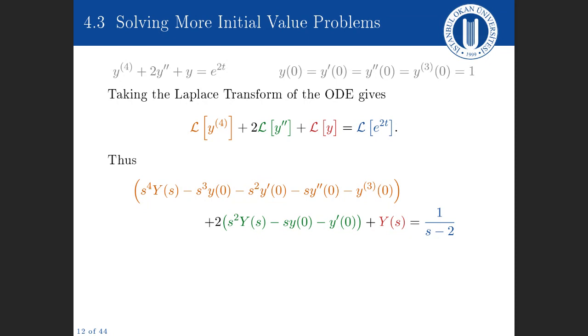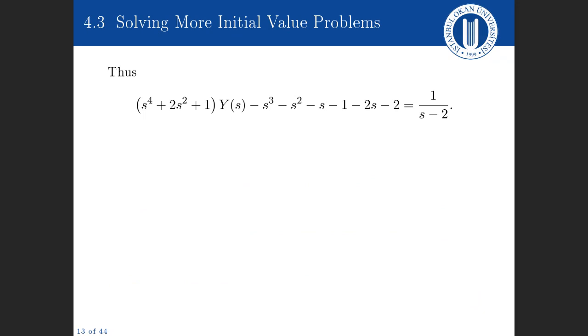Next, I want to use the initial conditions. All of the initial conditions are equal to 1. So we get this equation. Let's start rearranging this equation. Gather all of the capital Y terms together.